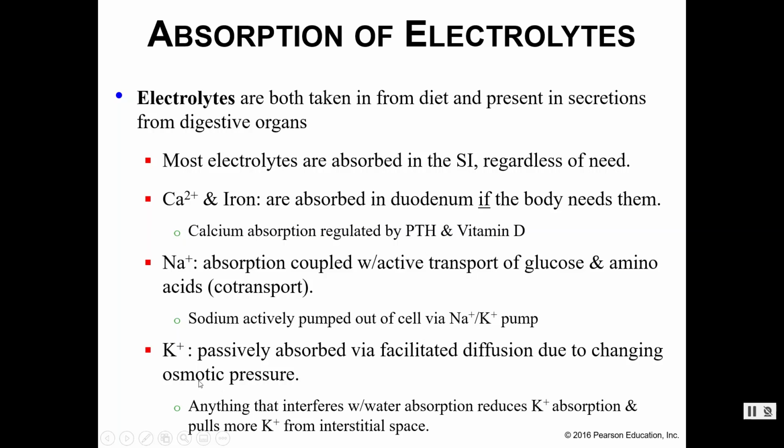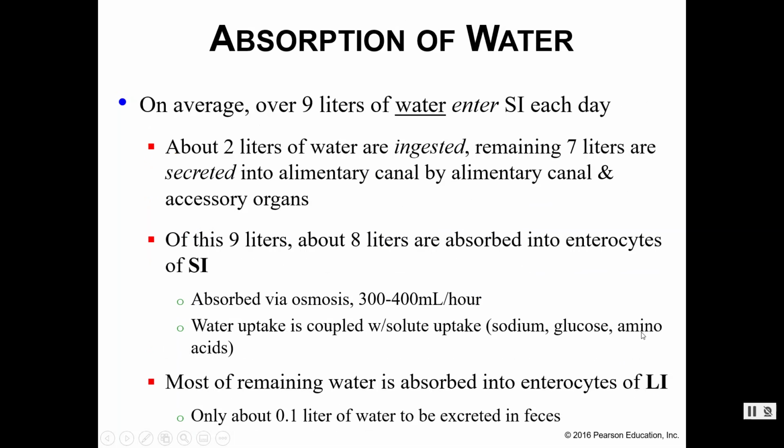Anything that interferes with water absorption also reduces potassium absorption and can pull more potassium from your interstitial space. Okay. Eventually we will talk about what happens if you have too much or too little calcium, sodium, and potassium. All right, so it is important that we regulate the absorption of these ions and these electrolytes to a degree.